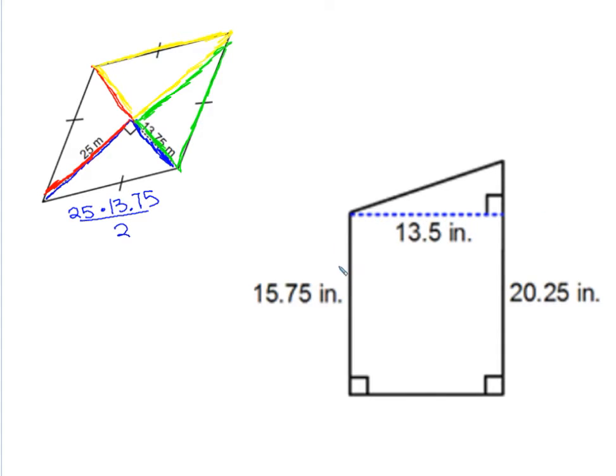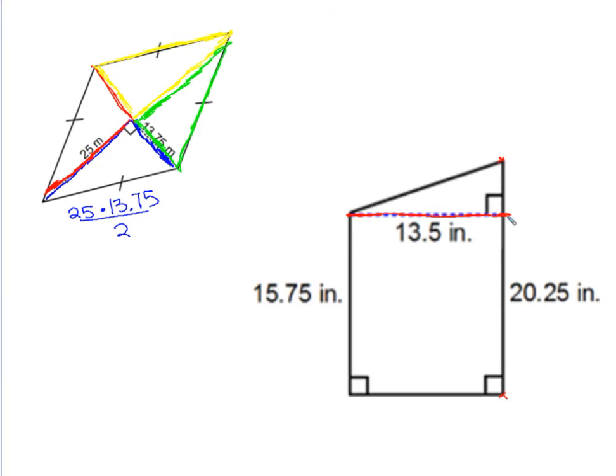Okay. Let's go on to the next one. We have a triangle sitting on top of a square or rectangle. Okay, now the 20.25 is the length from the top of the triangle to the bottom.